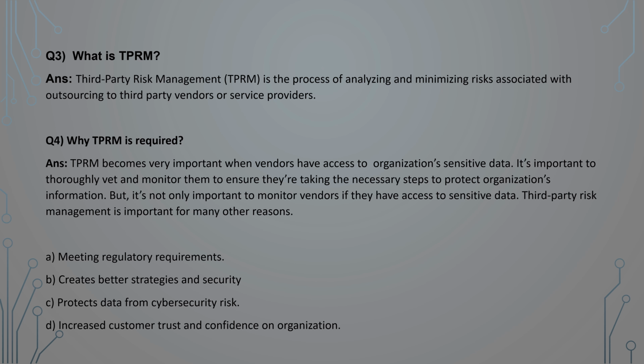Generally, in most cases, vendors have access to the bank's sensitive data. It's important to thoroughly vet and monitor them to ensure they are taking the necessary steps to protect the organization's information. But it's not only important to monitor vendors if they have access to sensitive data.